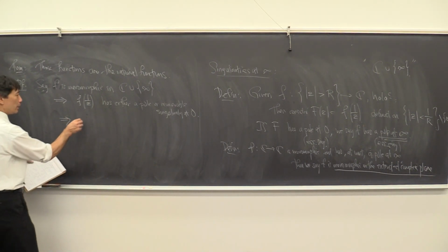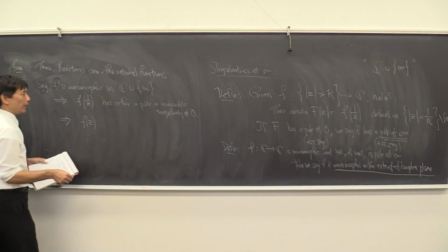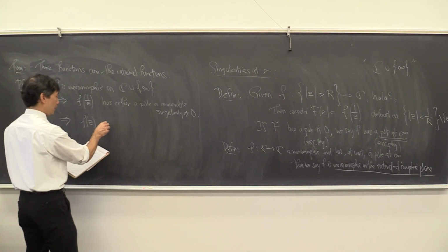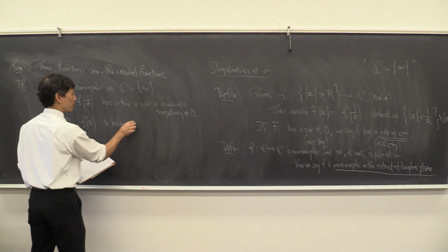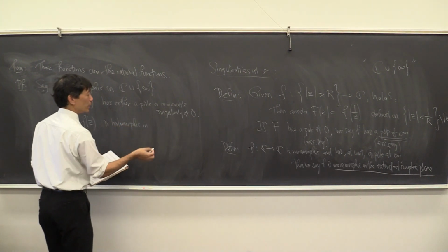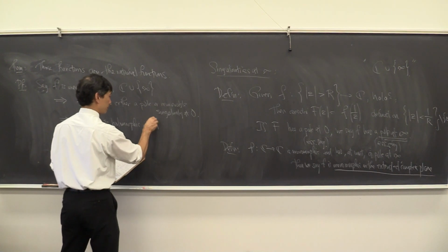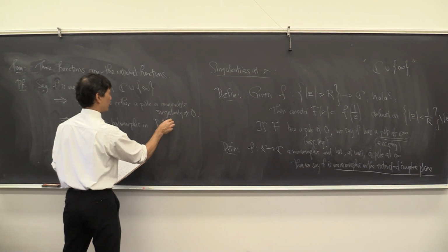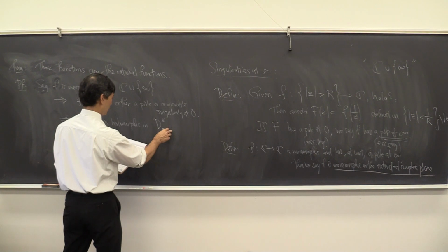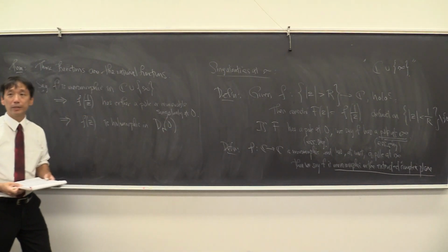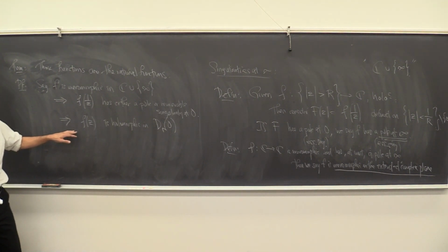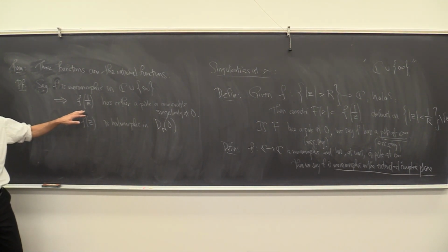That tells you that the original function is holomorphic in some large disk centered at the origin. Right, does that make sense?